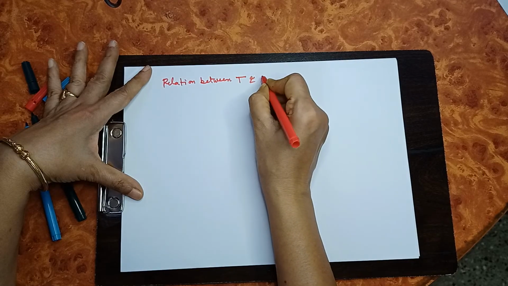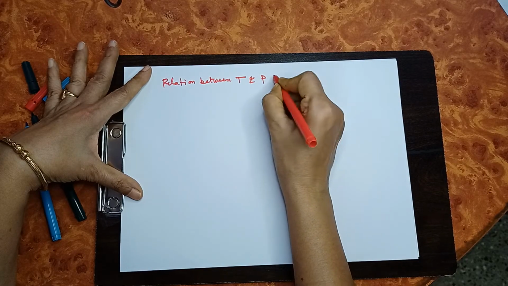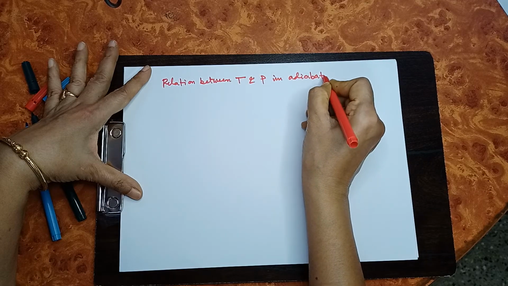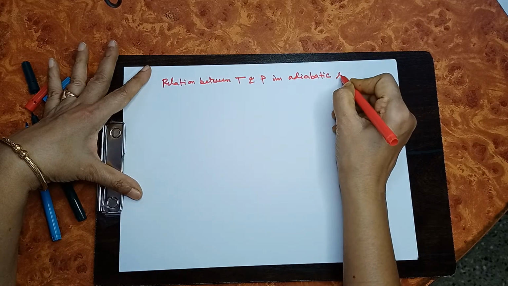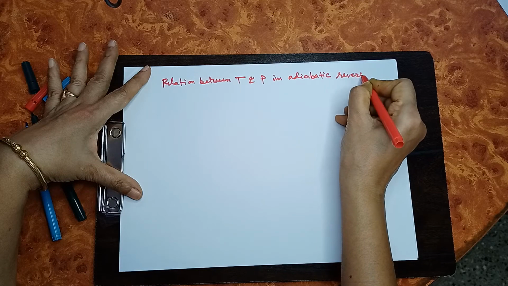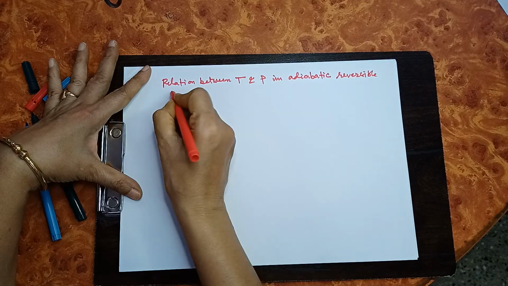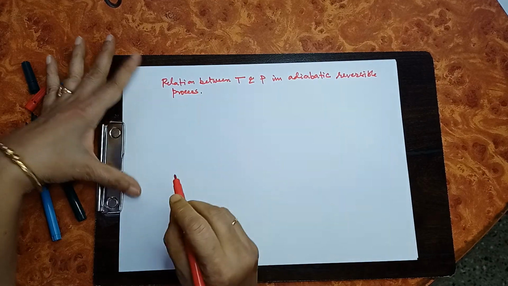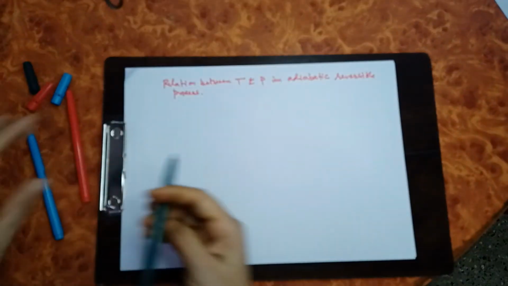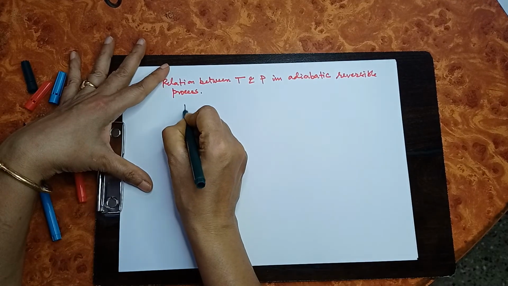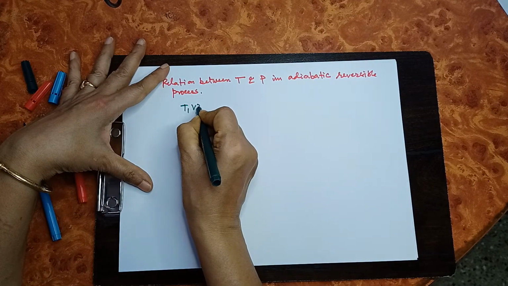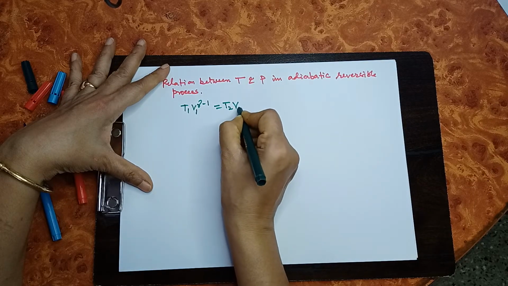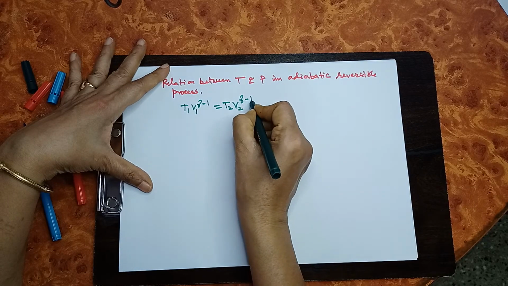So once again we'll start from the relation T1 V1 to the power gamma minus 1 is equal to T2 V2 to the power gamma minus 1.